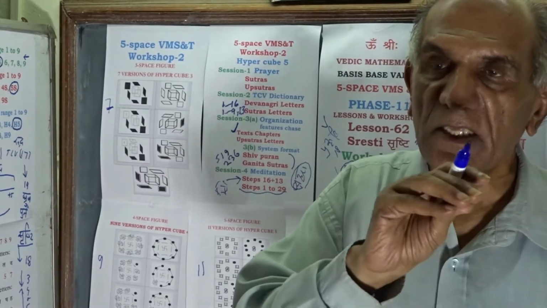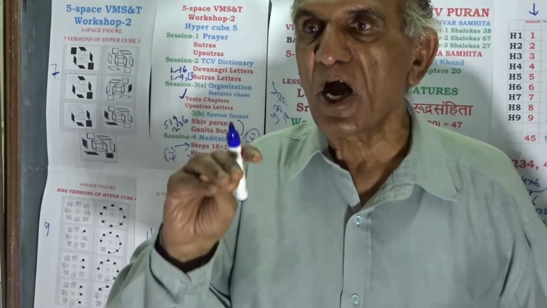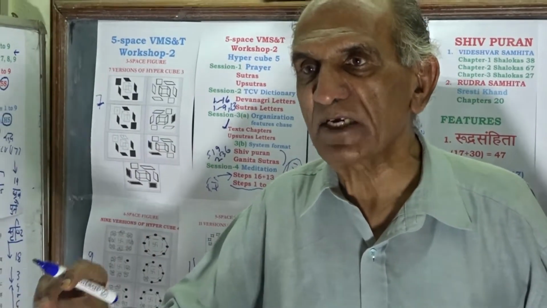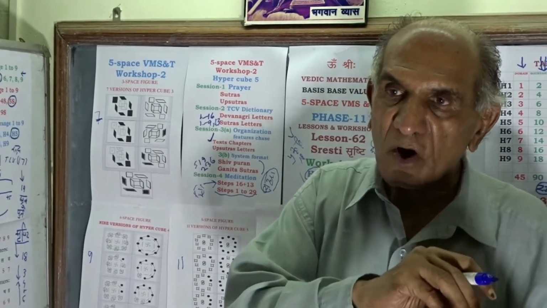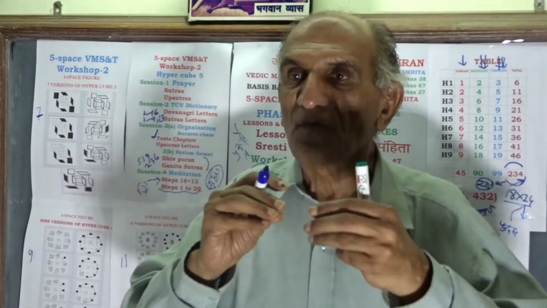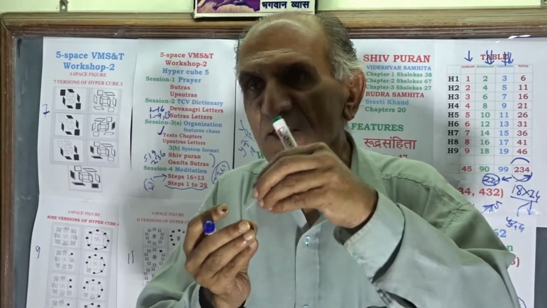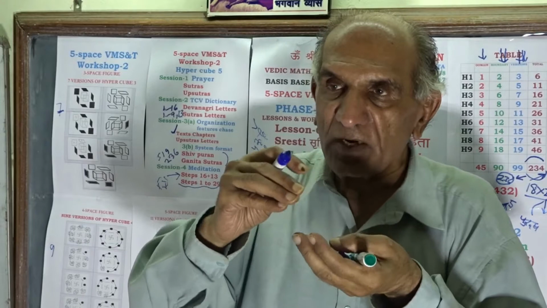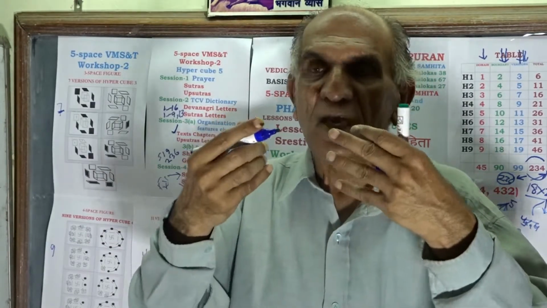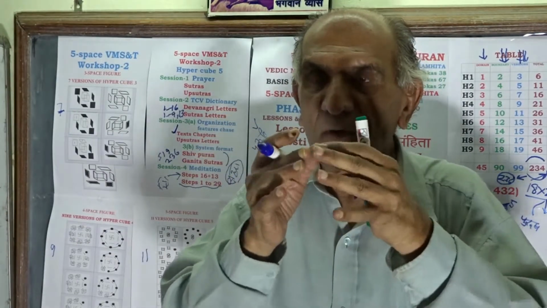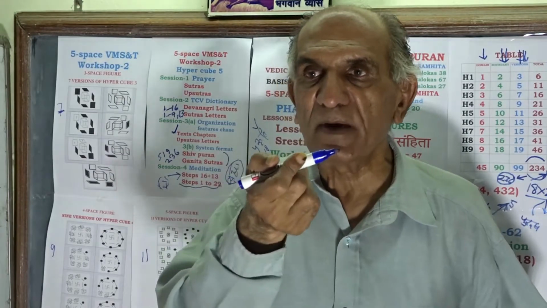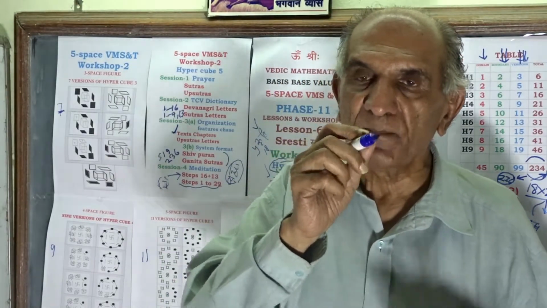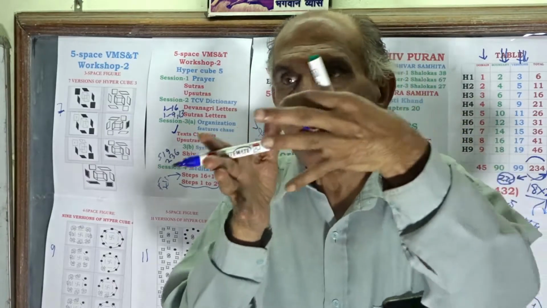We are in the class of a mathematics of 5-space VMST format, and this format will be taking us sequentially to Prakriti and nature, and then it will be unfolding for us a Jyoti, and with this inherent unfoldment, this transcendental phenomenon, going to eternity.